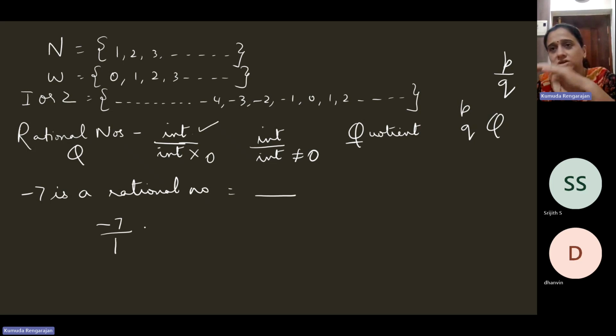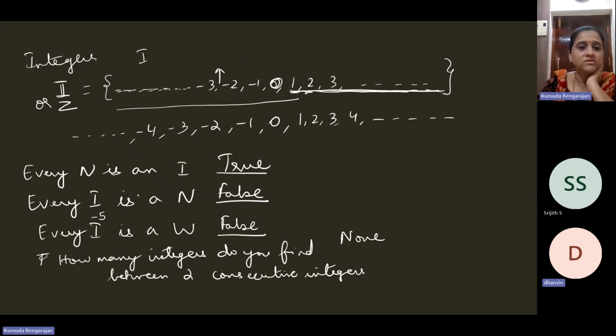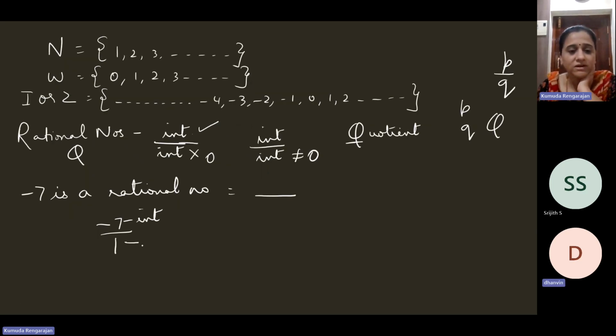Now, what's the definition? Integer by integer is a rational number. That's the simplest way we understand and remember. Now, is -7 an integer? Yes, negative numbers are integers. Then is the denominator an integer?